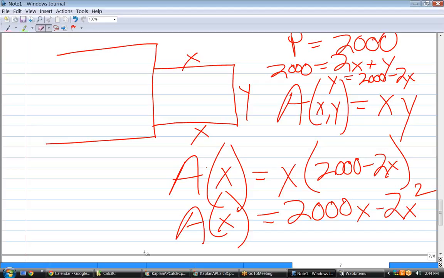Now, the typical optimization problem is one where the function you're trying to optimize is a function of two variables, like this, x and y. But then you have additional information that relate x and y. So you can then substitute for one of the variables, and it doesn't really matter which one.